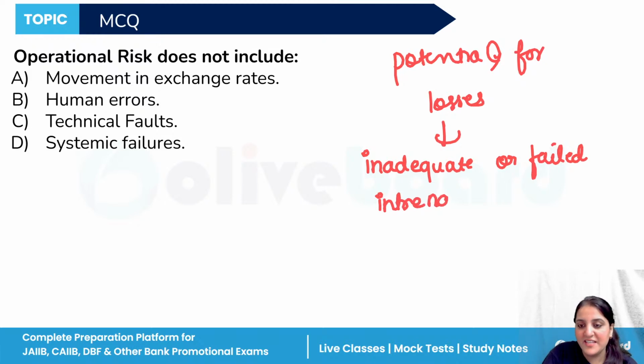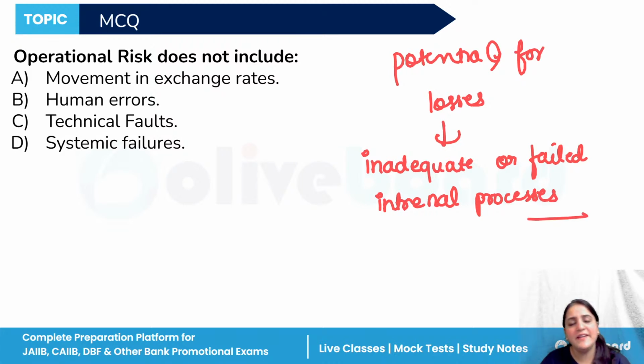Sometimes failure in human systems or external events can be considered. It encompasses a wide range of risks that can impact our organization's operations.